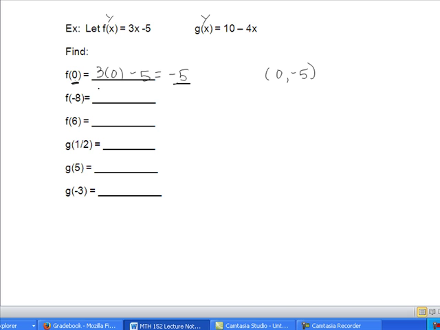Okay, f of 6. So we'll have 30 minus 5, which is 25.